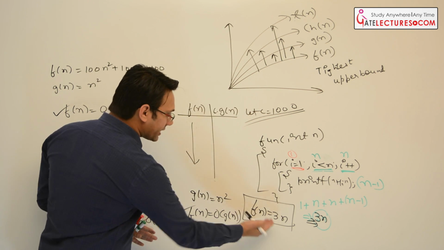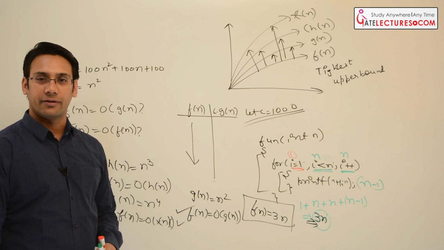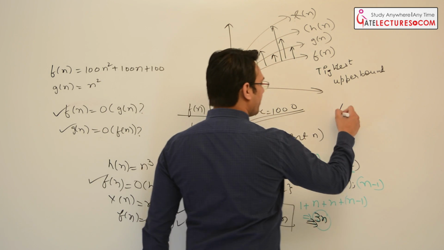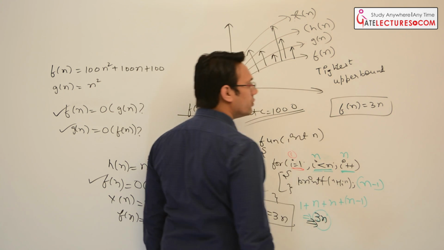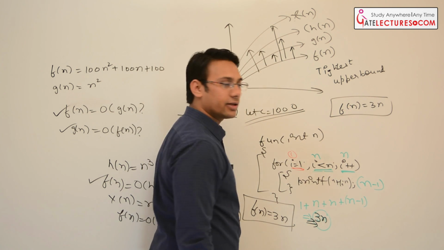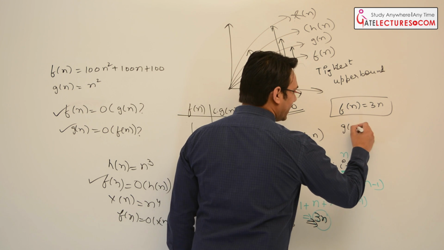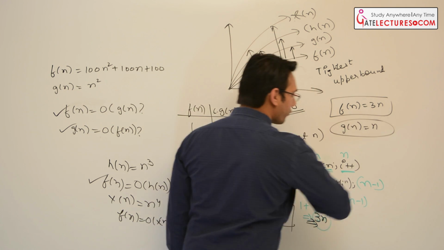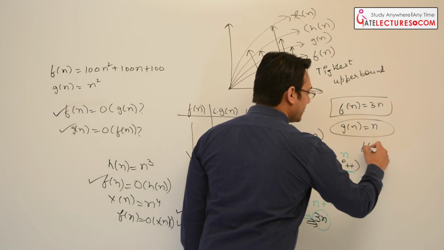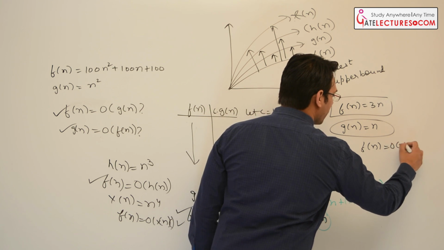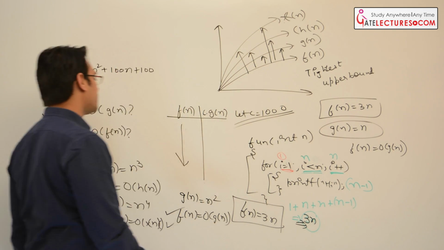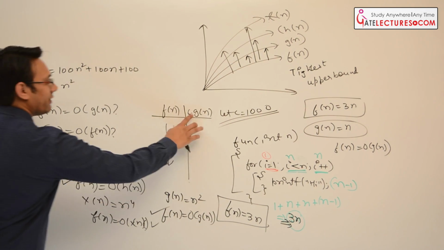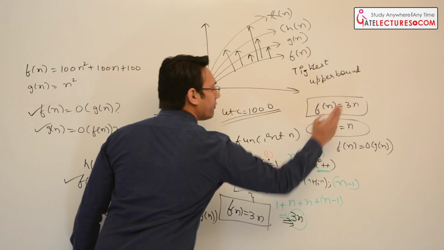Now what will be the tightest upper bound of f(n) is equal to 3n? For this, what is the tightest upper bound? Think, if I say g(n) is equal to n, can I say that f(n) is order of g(n)? You can see here clearly, we can say this, because we can take the value of the constant c as, for example, 4.